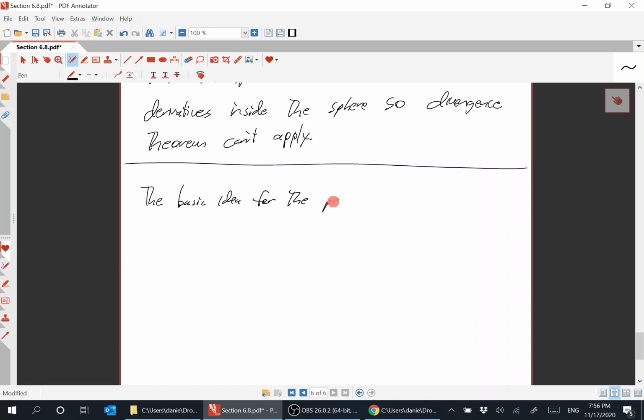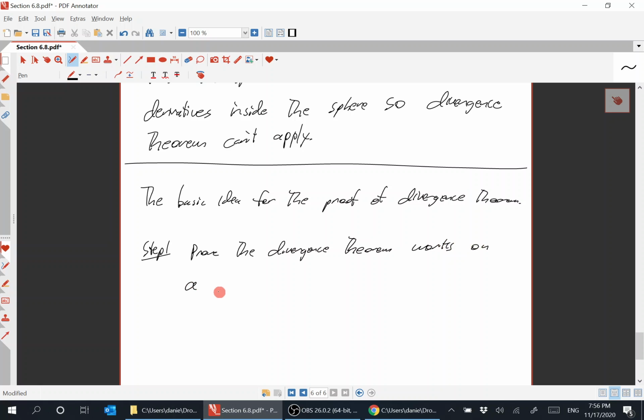Okay, step one: prove the divergence theorem works on a cube, a1 less than or equal to x less than or equal to a2, b1 less than or equal to y less than or equal to b2, c1 less than or equal to z less than or equal to c2.